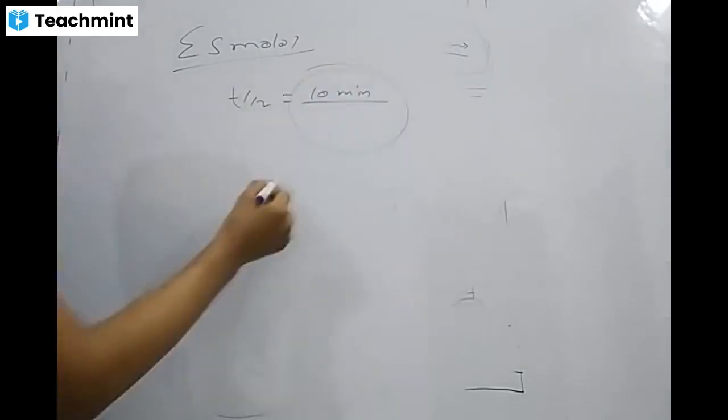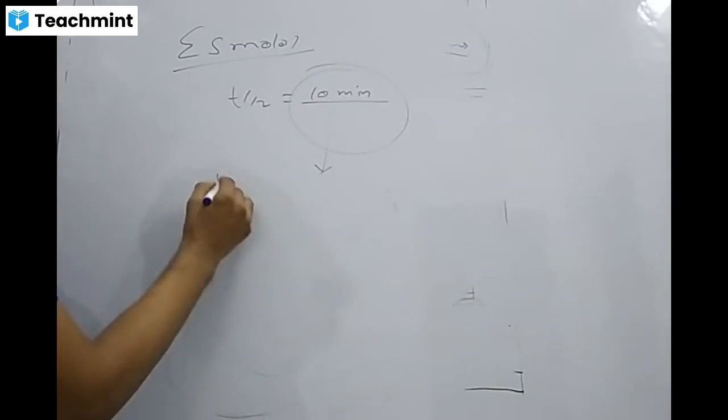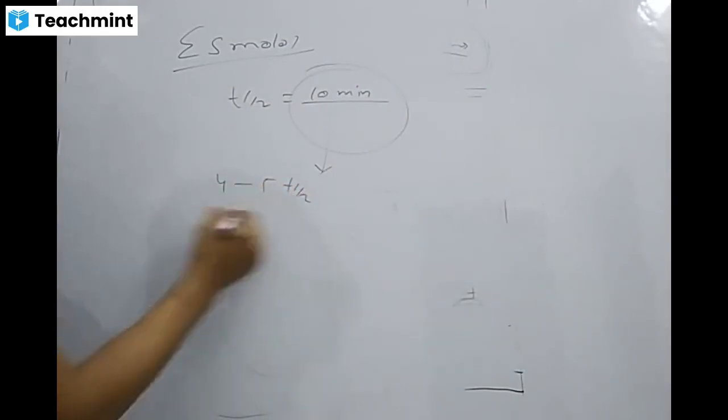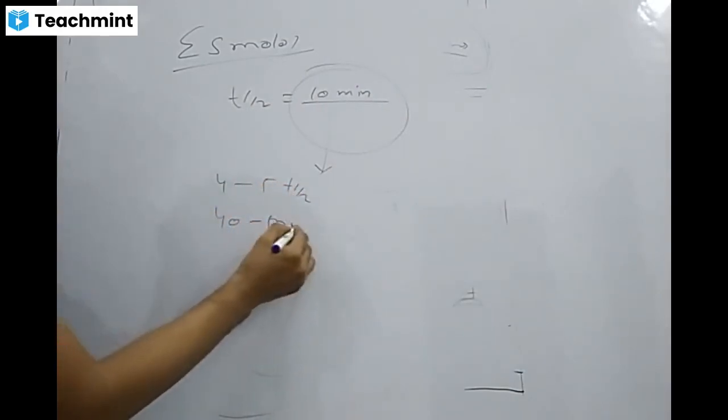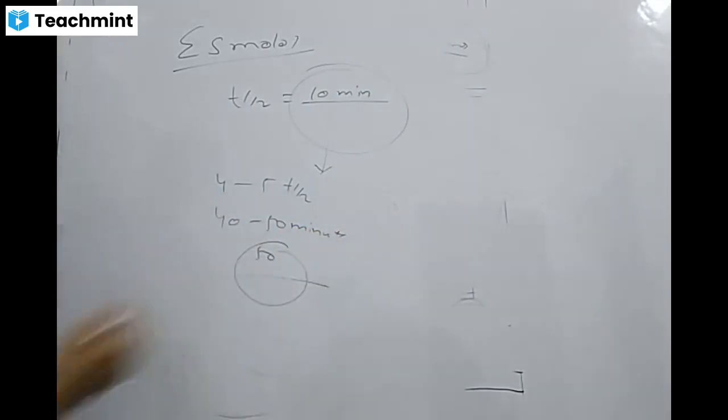So this drug will be eliminated from our body in 4 to 5 half-lives, which means 40 to 50 minutes. So 50 minutes are required to eliminate the drug from our body. This is the meaning of half-life for the elimination of a drug. In 50 minutes, the drug will be removed.